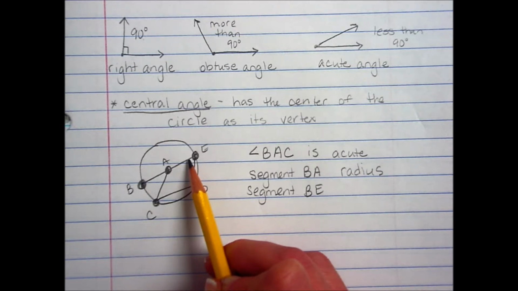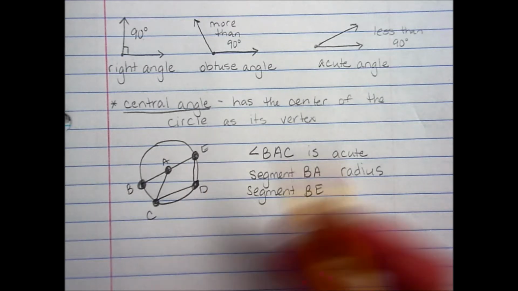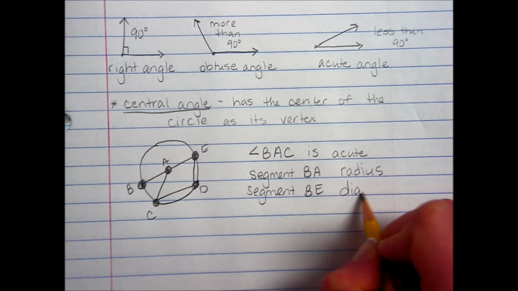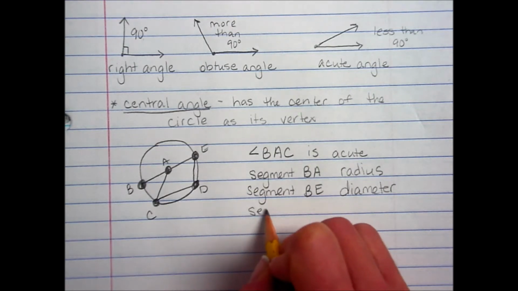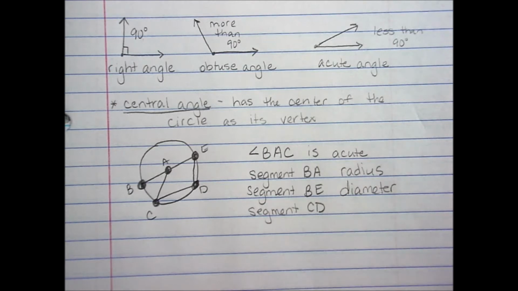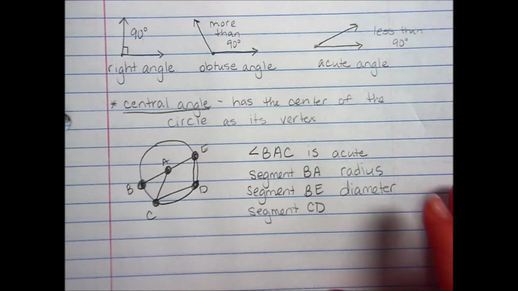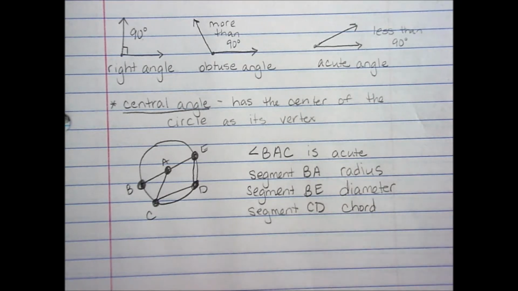What do we call that when it goes all the way across the circle? Diameter. Well, what about segment CD? From C to D, we go from edge to edge, but we do not cross the center. The chord. Does anybody have a circle question?